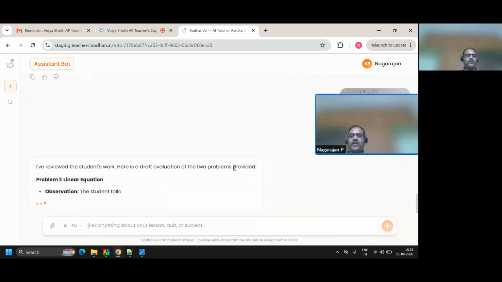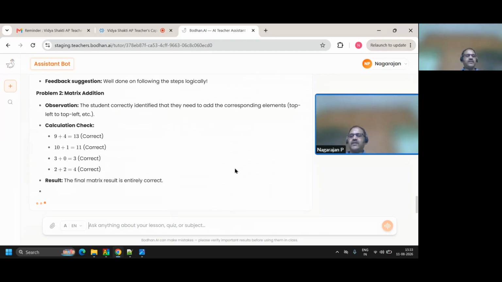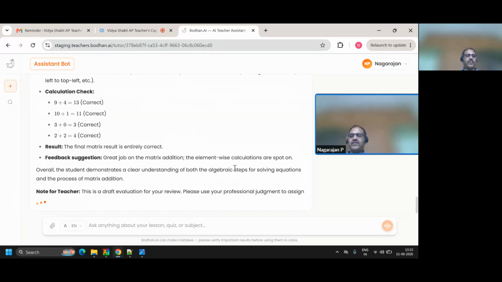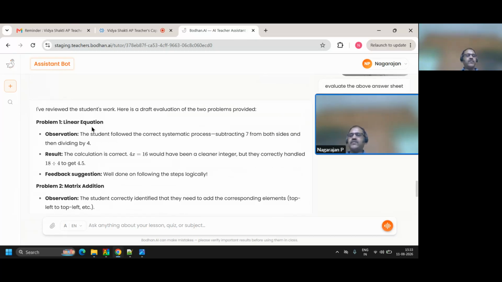Now it is taking that. It is giving the answer to me. Look at this. Problem 1. It knows it is a linear equation because the student has written it. Observation: student followed a systematic process.